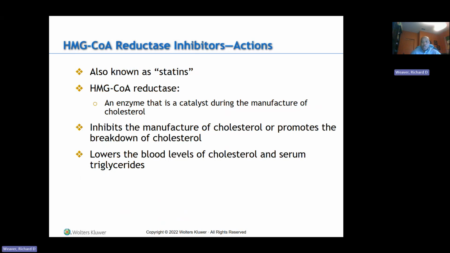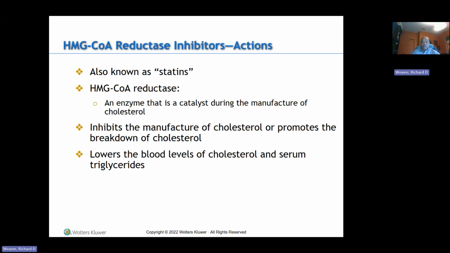Right. Now, normally the HMG CoA reductase is an enzyme. All right. So we're not talking about the inhibitor right now. We're just talking about the enzyme and what the enzyme does.